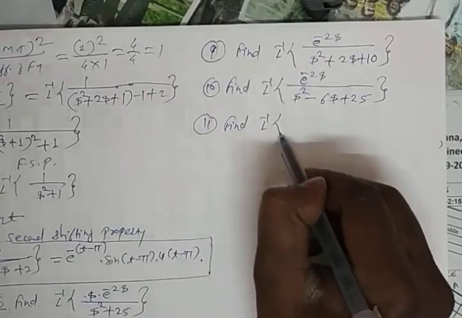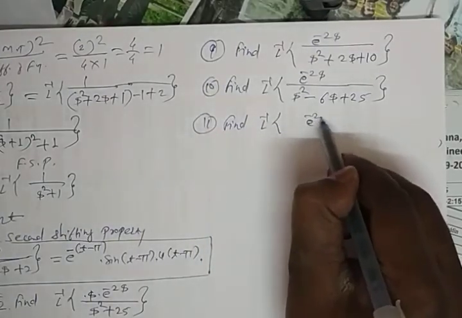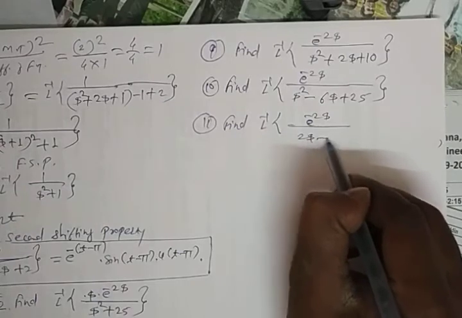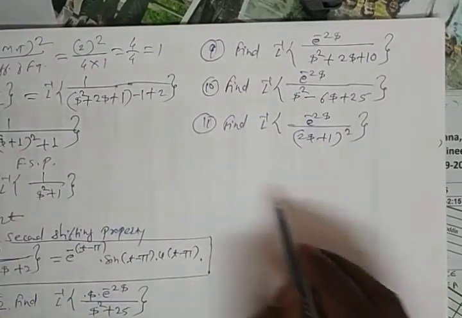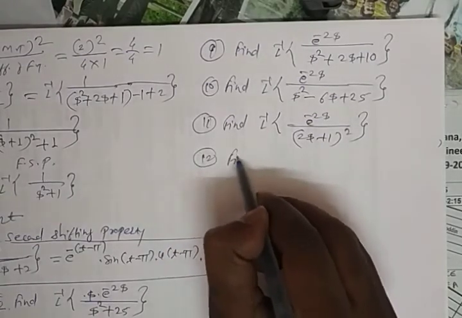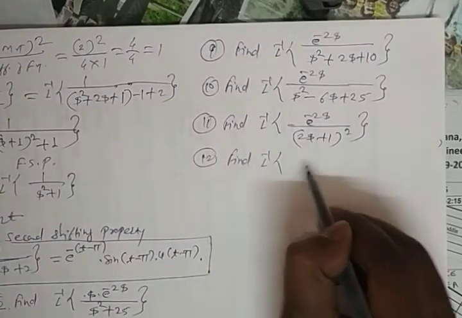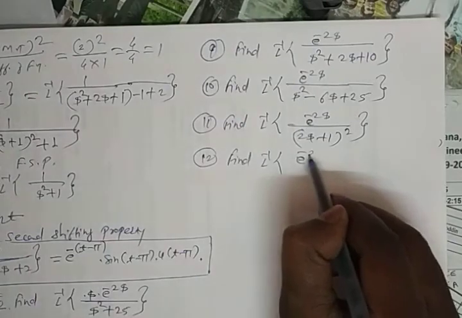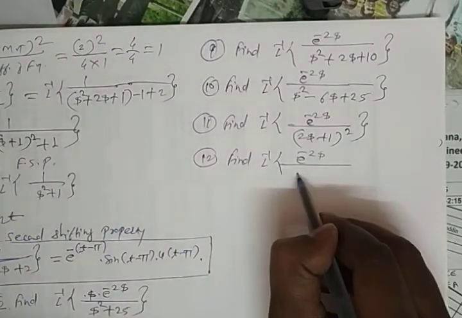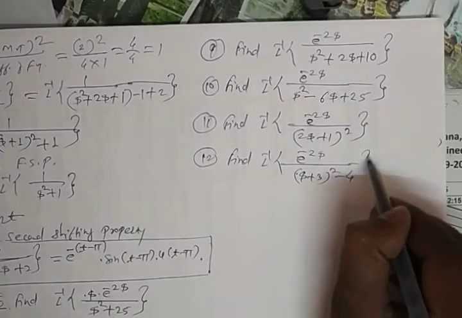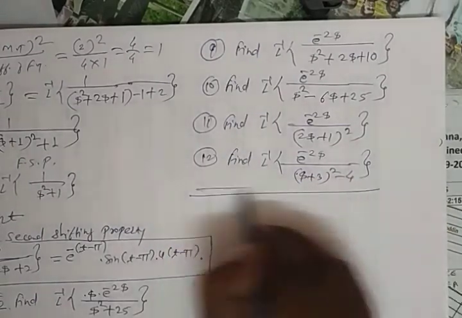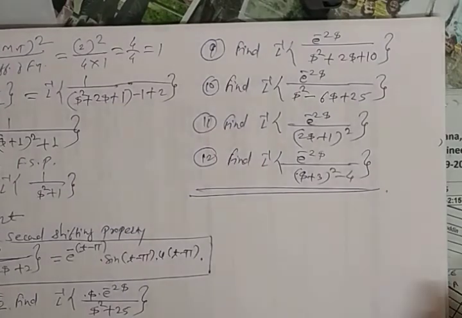Find Laplace inverse of e raised to minus 2s upon (2s plus 1) bracket square. And last example, you can take this: find Laplace inverse of e raised to minus 2s upon (s plus 3) bracket square minus 4. Simple question. So try to solve these examples at home.